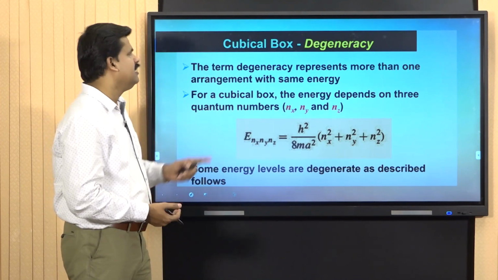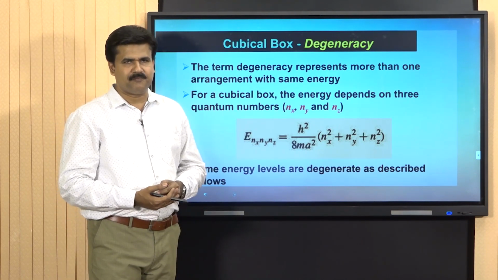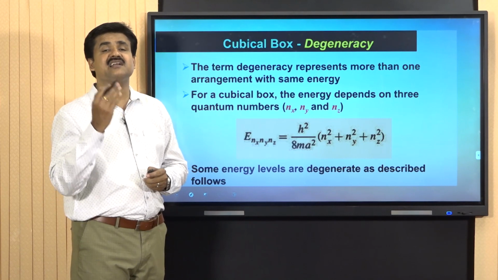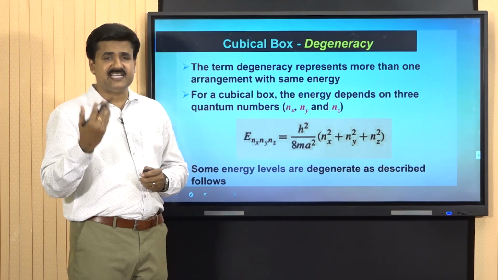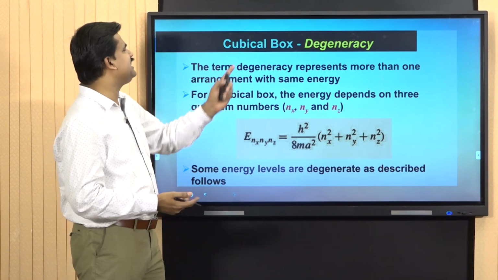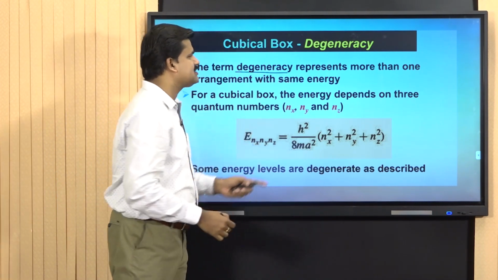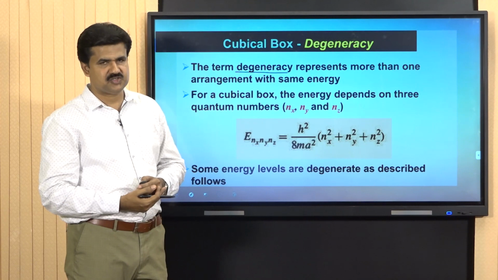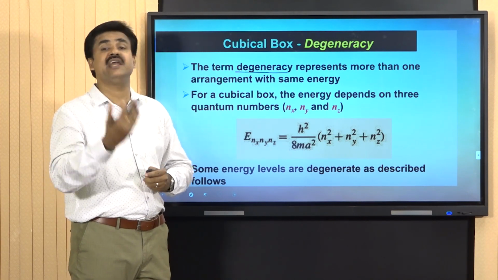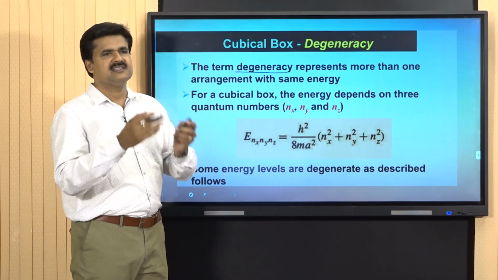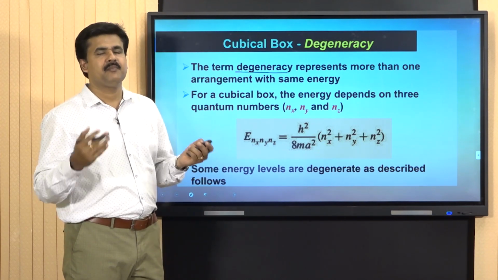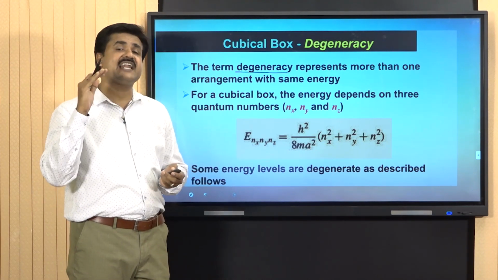Now, in the cubical box problem, there occurs the concept of degeneracy. What do we mean by the term degeneracy? It represents the existence of more than one arrangement with the same energy. That is, there are more than one arrangements, but the energy of each arrangement is the same.